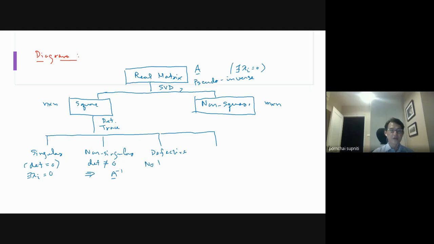Defective means we cannot find a basis from the eigenvectors, such that the Vi and Vj are independent. If such a case happens, we call the matrix a defective matrix.